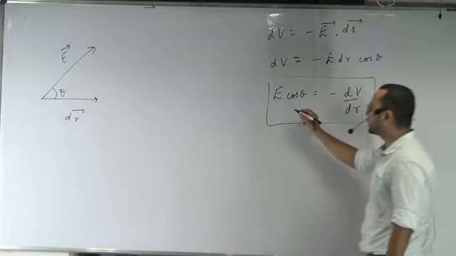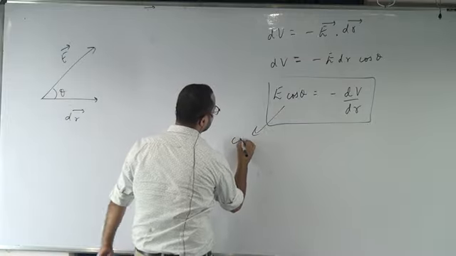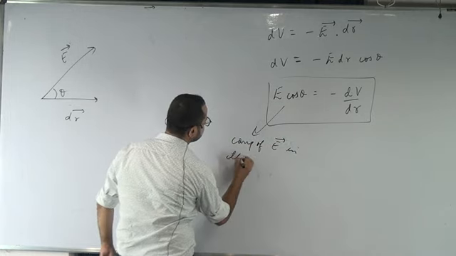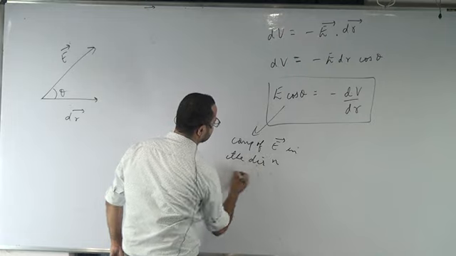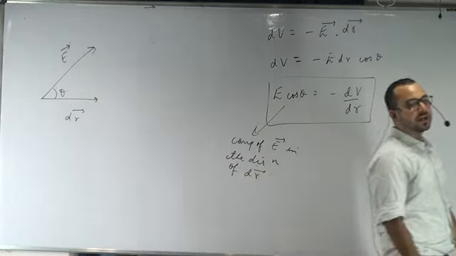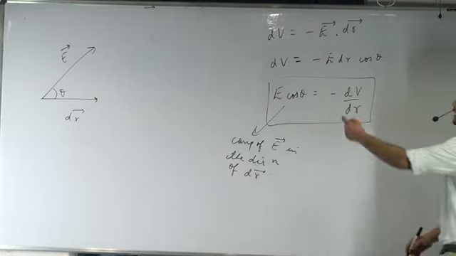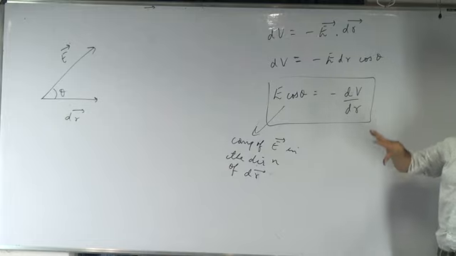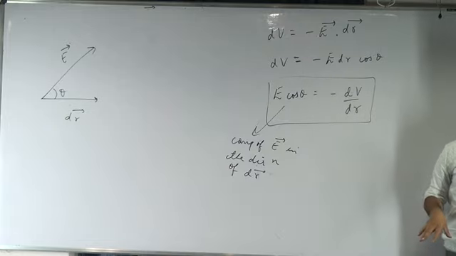Very good. E cos theta is the component of field in the direction of displacement. Absolutely. Component of electric field in the direction of displacement, and that is equal to what? Minus dV by dr. Now can you tell me what is minus dV by dr?